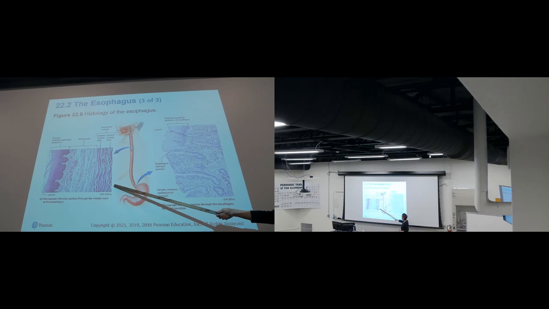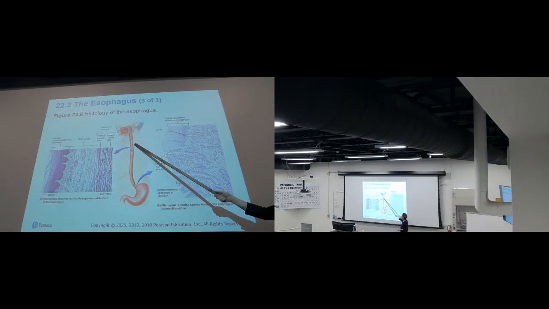And then more externally, which is not shown here, we will have the adventitia, which, if this organ was located in the abdominal cavity, you would call serosa.